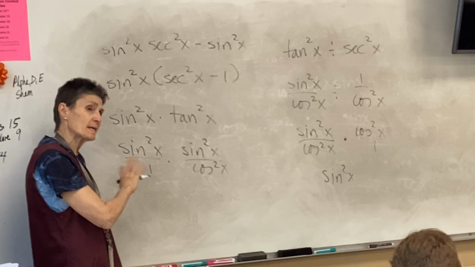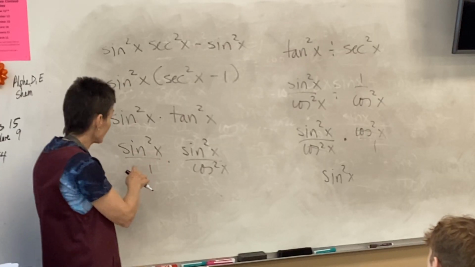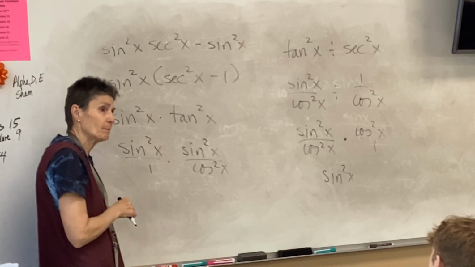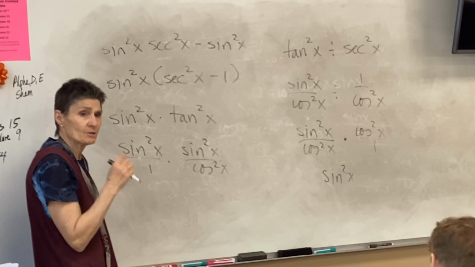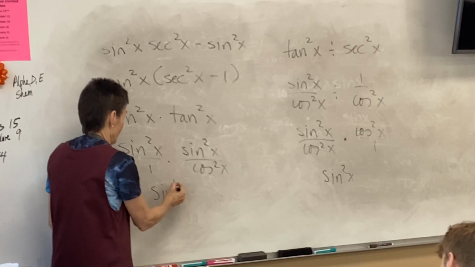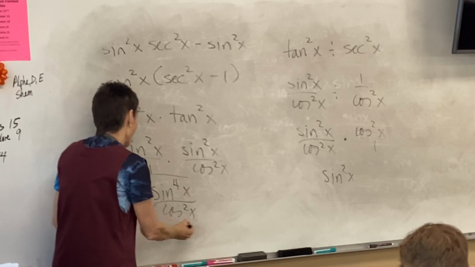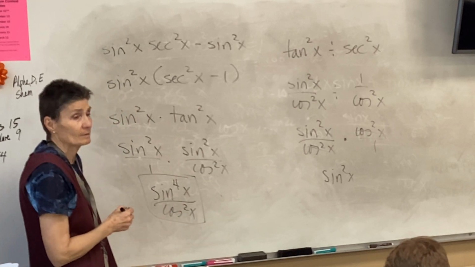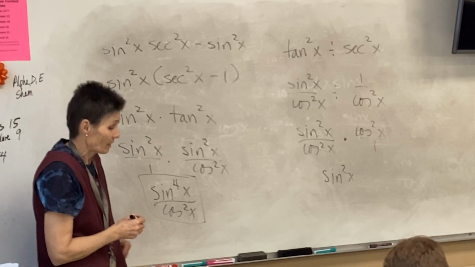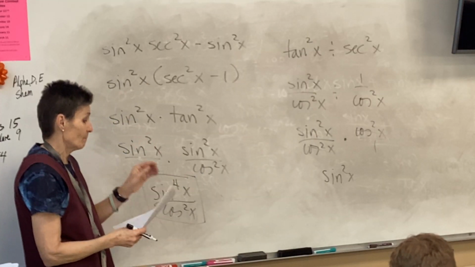But nothing is going to cancel, would you agree? And in fact, what am I going to be left with on the top? Sine to the 4th over cosine squared. And that's about all we can do, guys. Nothing cancels out further. That's what we're left with.